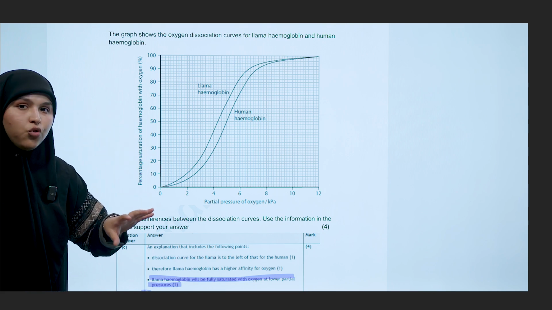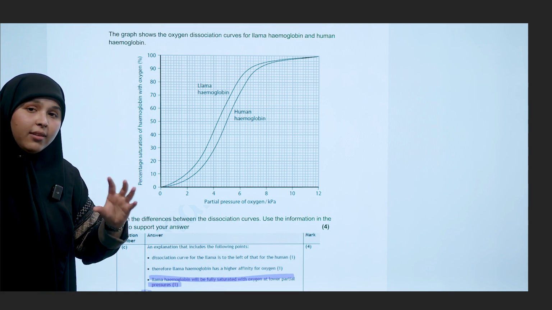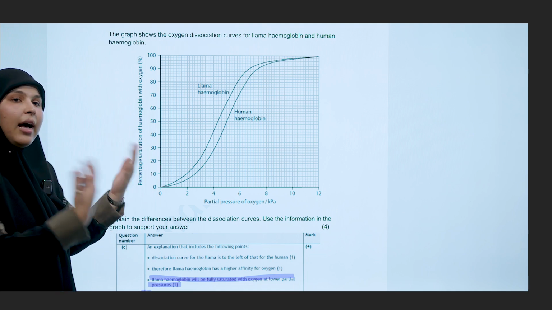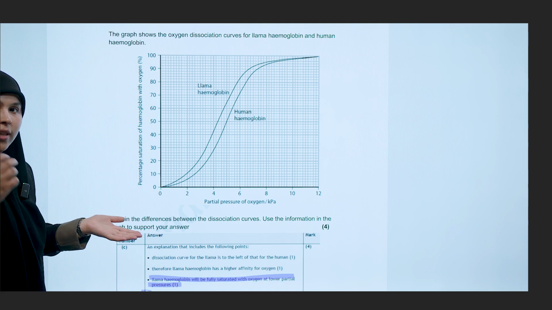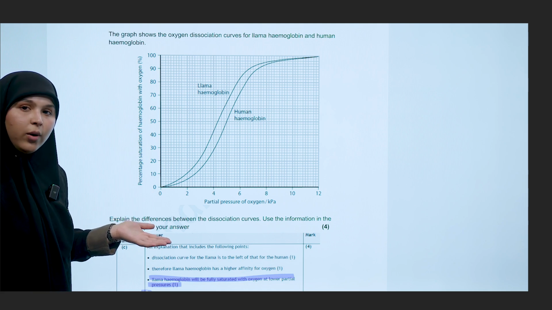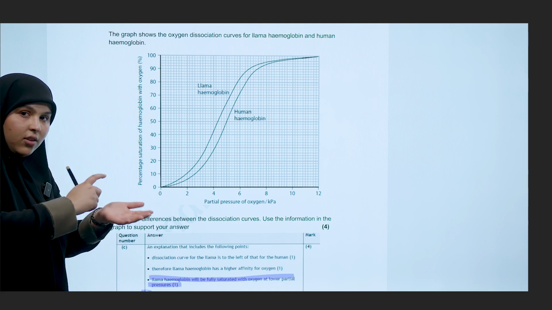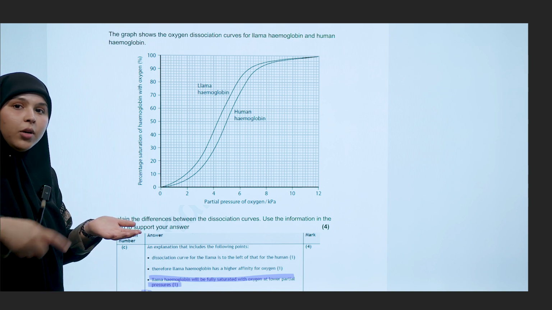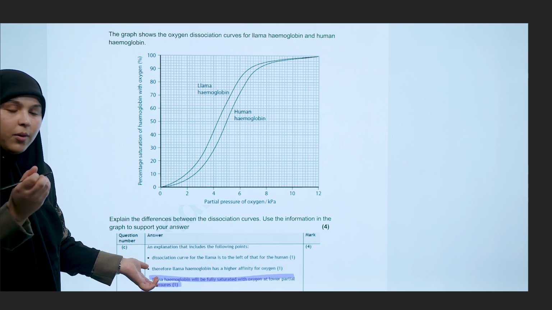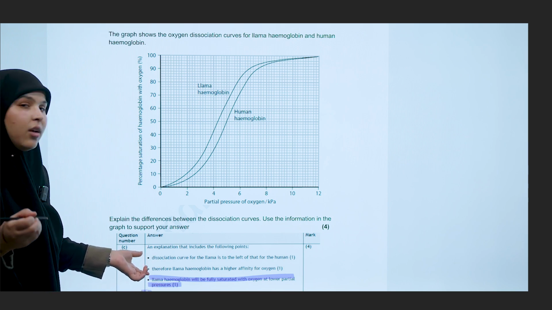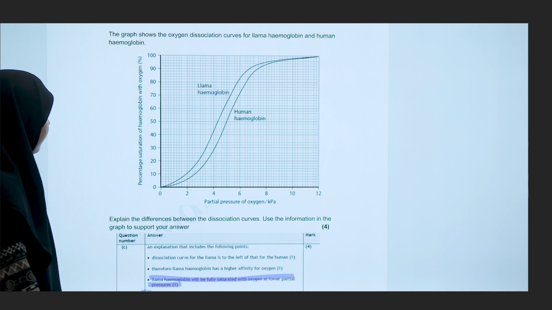Go over the questions, try to understand them, and create a template that you can write if you're asked about this sort of concept. Make sure of the keywords that you write, because these keywords will make you get marks. Sometimes students write the right concept, but because of the way they word their answer, they are not getting the marks.